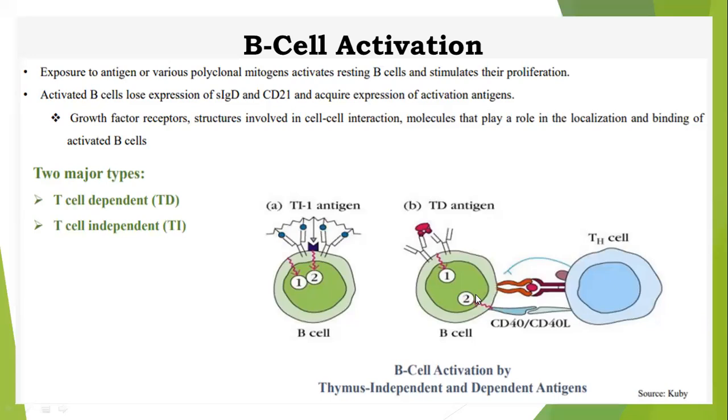But more importantly, we talked about T cell dependent activation of B cells, and under it, we talked of the significance of the MHC class presentation by the B cell to the T cell, the binding of the CD4 coreceptor there, and also the co-stimulatory binding of the CD40 and the CD40 ligand on the T cell.